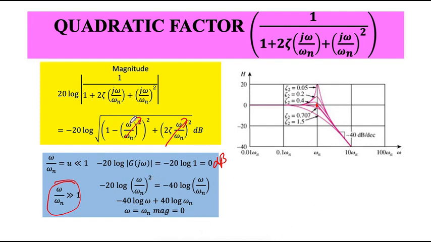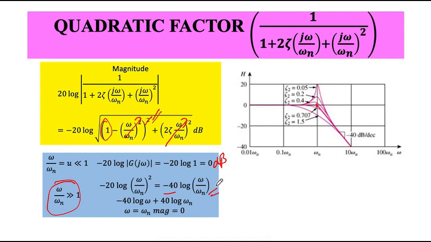We ignore this term at higher frequency, and the square root will cancel this, so I am left with this one. The 2 will come here, so it will be minus 40 log omega by omega n.